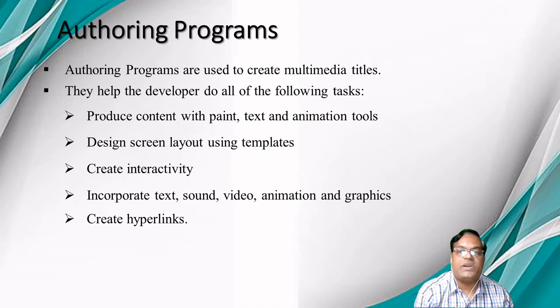So basically, it provides navigation. So you can navigate between the multimedia titles. You can jump to a particular section, or you can come back. So many things you can do with the help of hyperlinks. These are some of the tasks that authoring programs help us include in multimedia titles.